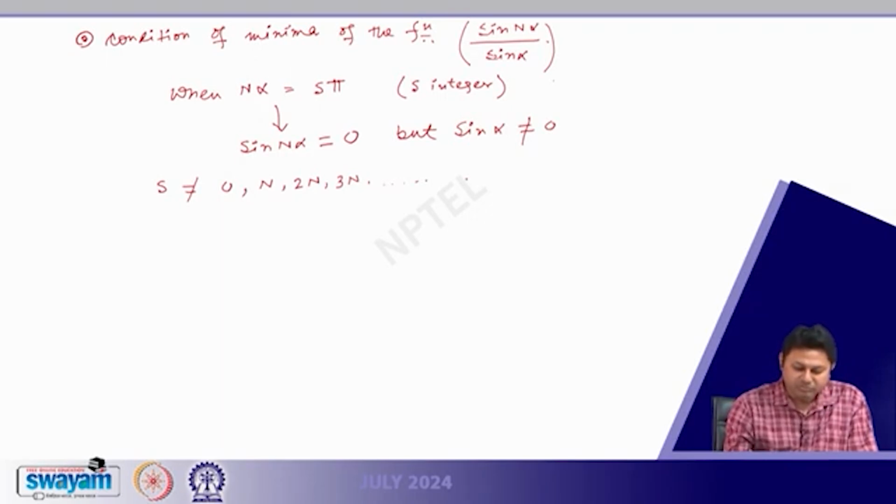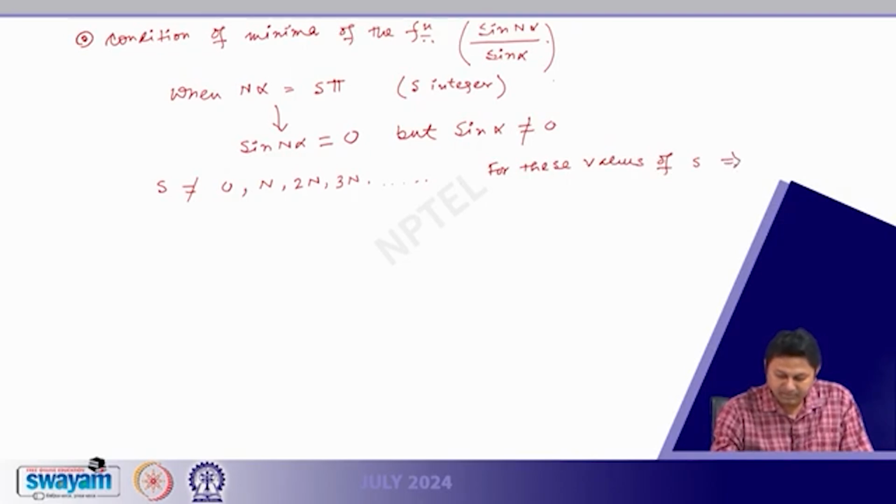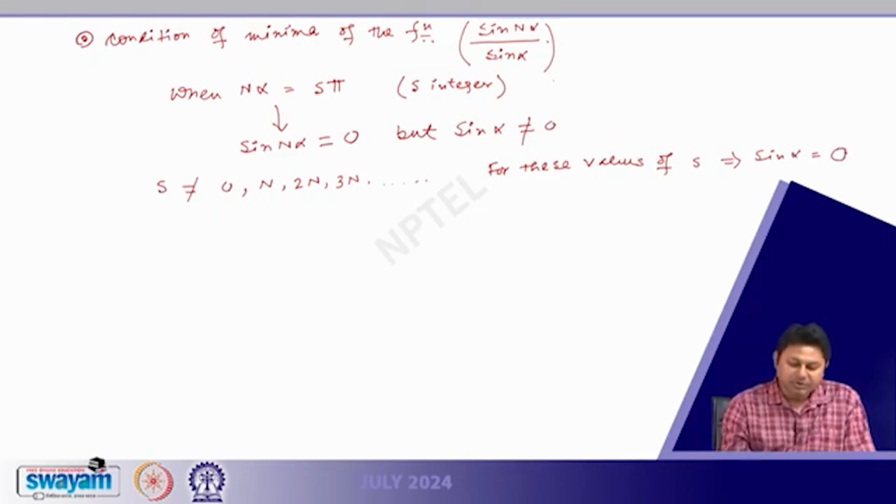Because at these values of s, sin alpha will be 0. As soon as I put s equal to 0, alpha will be 0; s equal to n, alpha equal to pi; s equal to 2n, alpha equal to 2 pi and so on, and sin alpha will vanish.